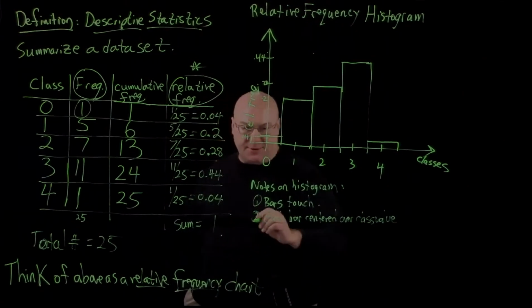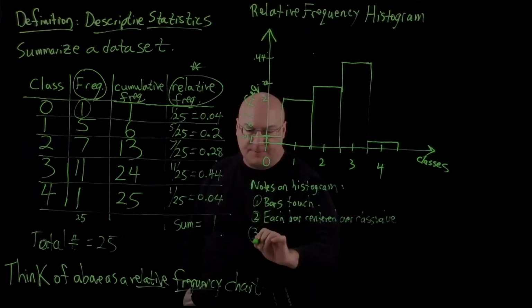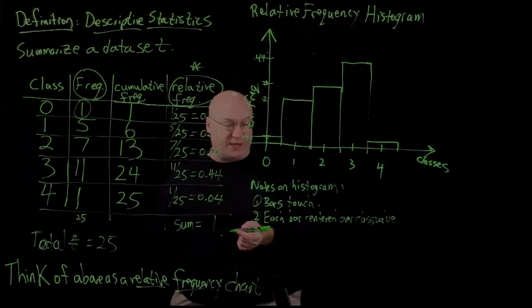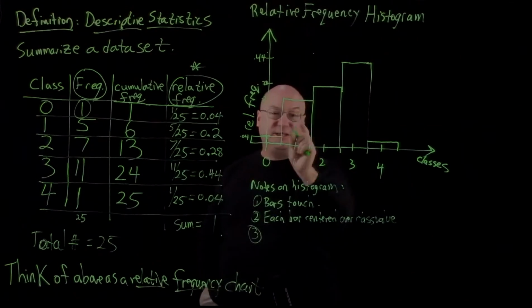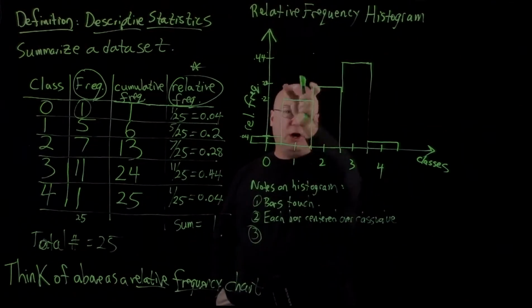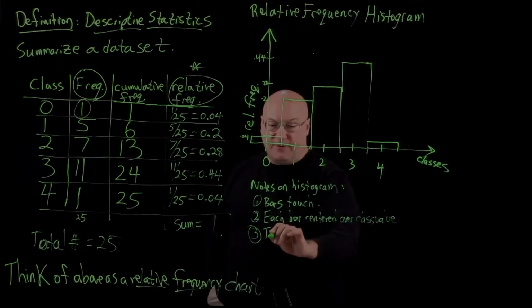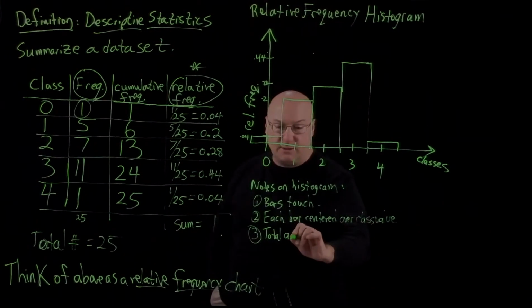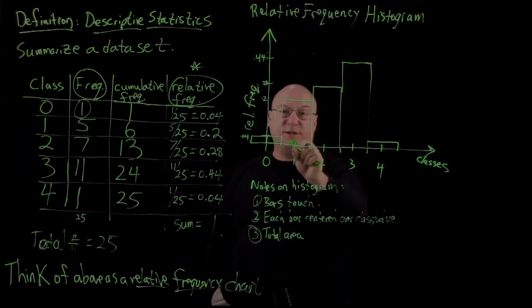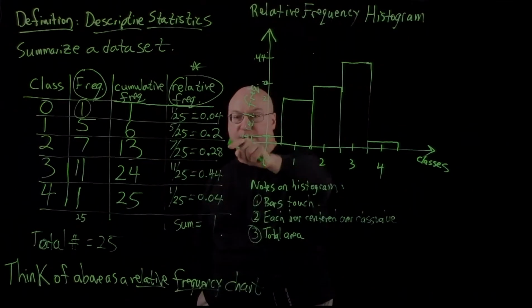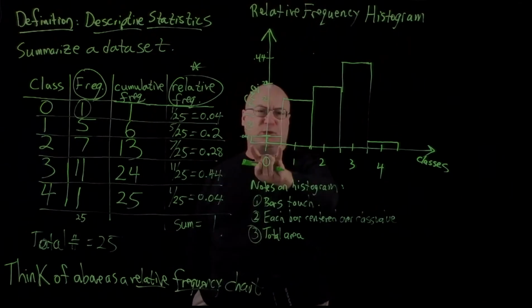It has 2 right in the middle of it. What else? The other thing to notice here, this is a discrete data set, right? When I have a discrete data set, I have a single data value and a bar above it. In this case, notice that the height of each bar is the value over here, which I'll sum to 1. But what's the width of each bar?